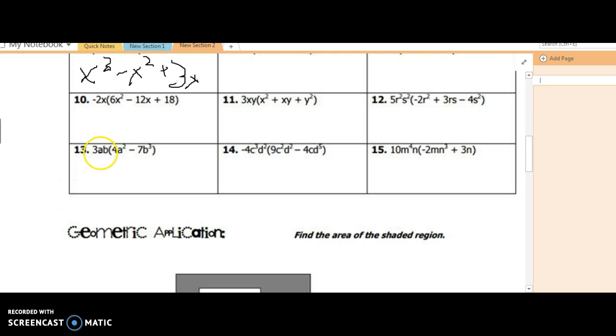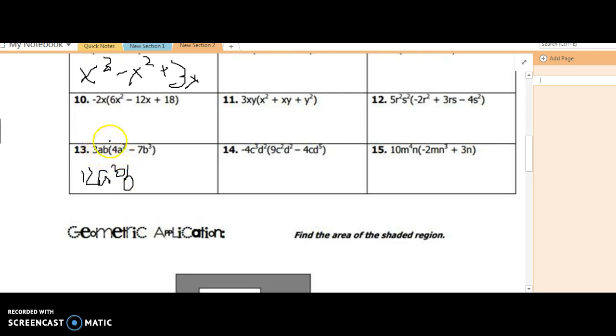So we're going to multiply 3ab times 4a squared. 3 times 4 is 12. A times a squared, and we're adding exponents, is going to give us a cubed. And then b, and we can't multiply it by anything, we're just going to leave it as b.